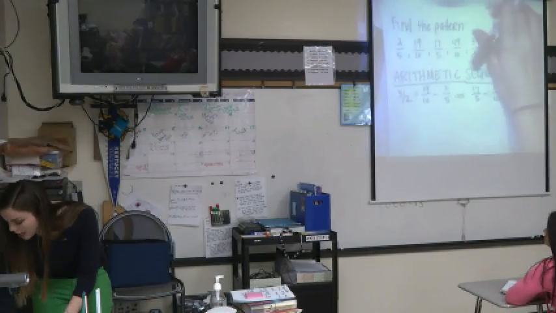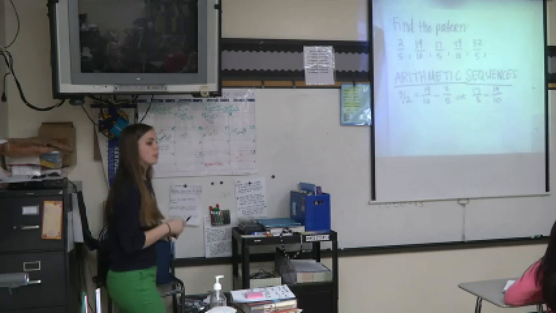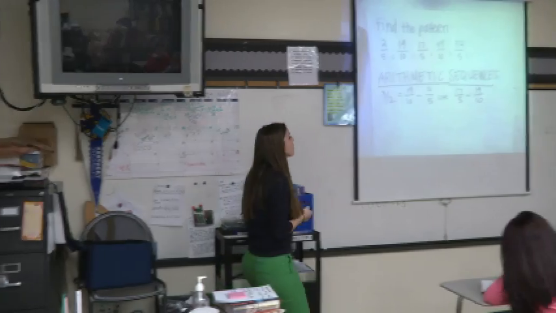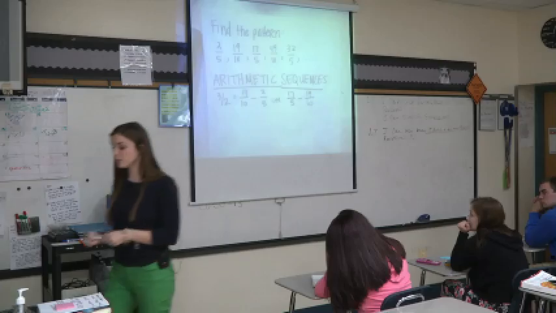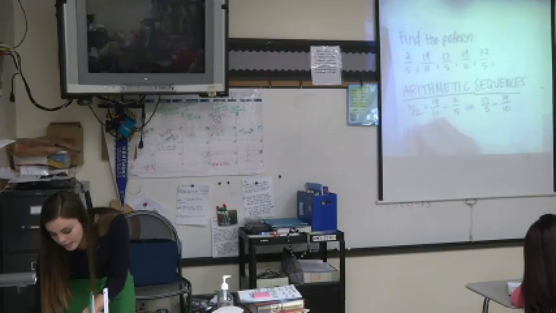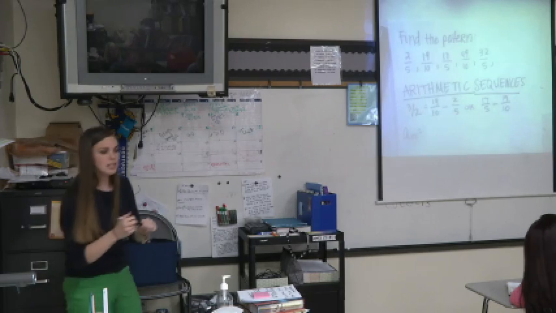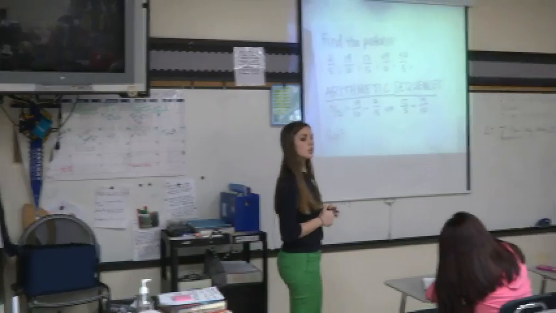All right, let's try to see if we can actually write a formula. Before we do that, I'm going to give you some notation. It's going to be new, so make sure you write it down in your notes. So the first thing is a sub n. Has anybody ever seen or heard of a sub n before? Okay, so it's all new.